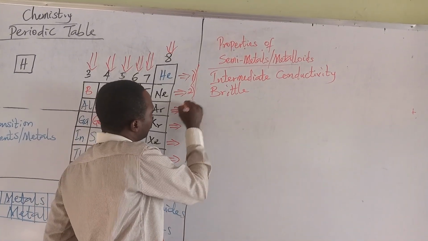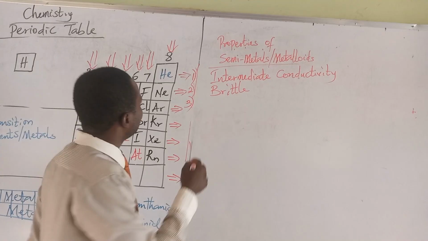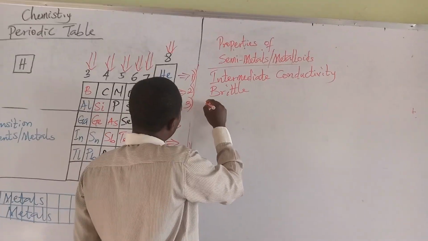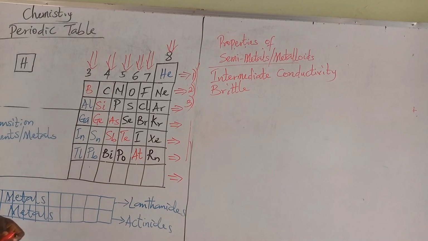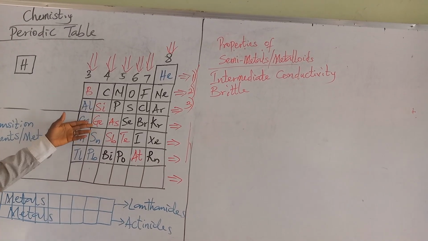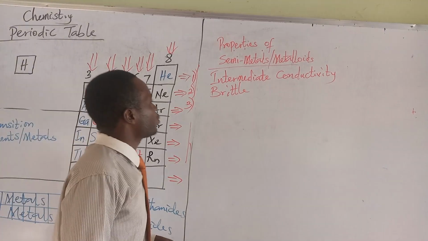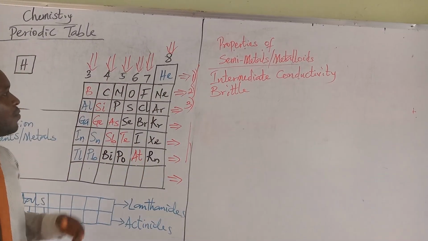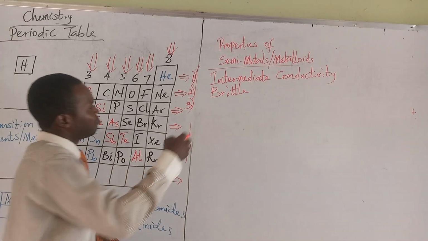Then for semi-metals, we have some of their examples. These are the examples of semi-metals, those ones in red: silicon, germanium, antimony, and so on and so forth.